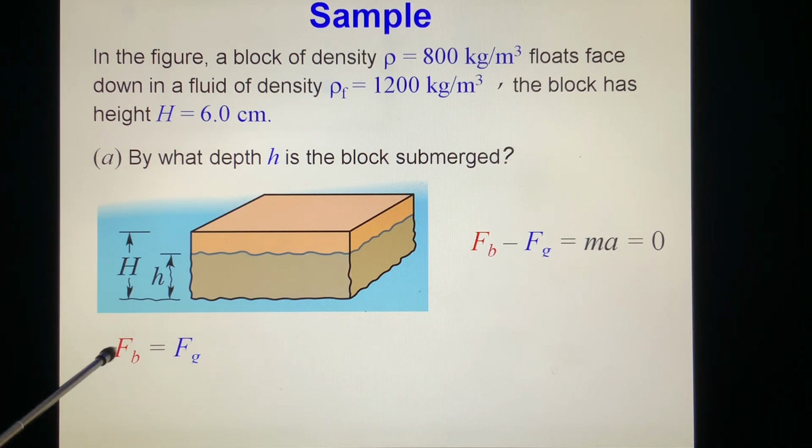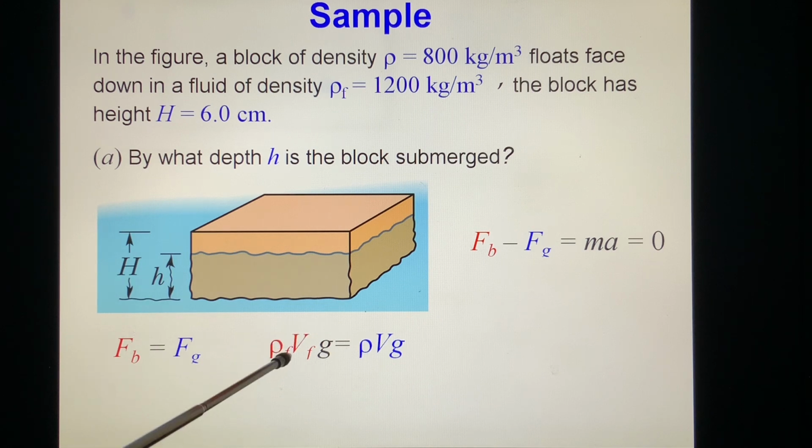This is equal to the weight of the liquid occupied by the block, V_F, the submerged part in the fluid. And this is the gravitational force on the block, with the total V. These volumes are different, this part of it. So in this case, I can find h.